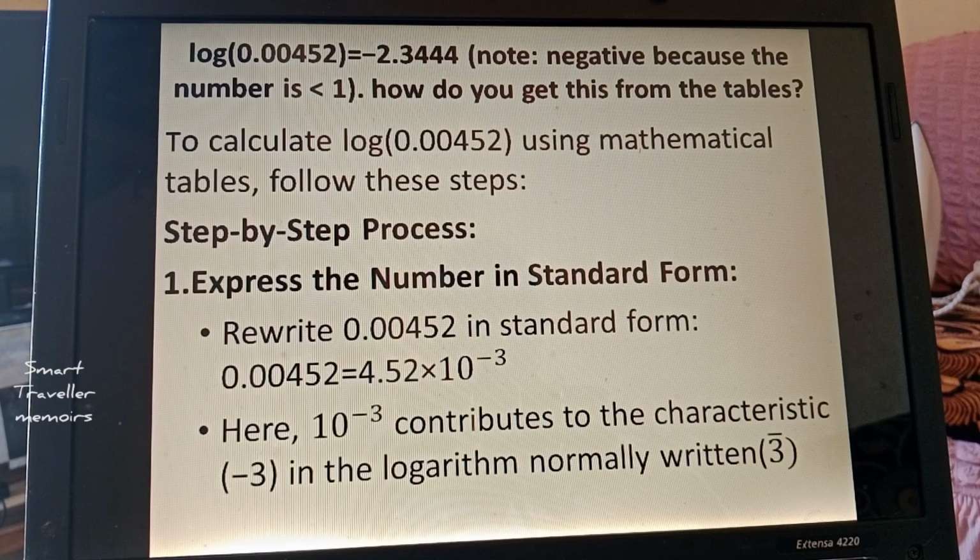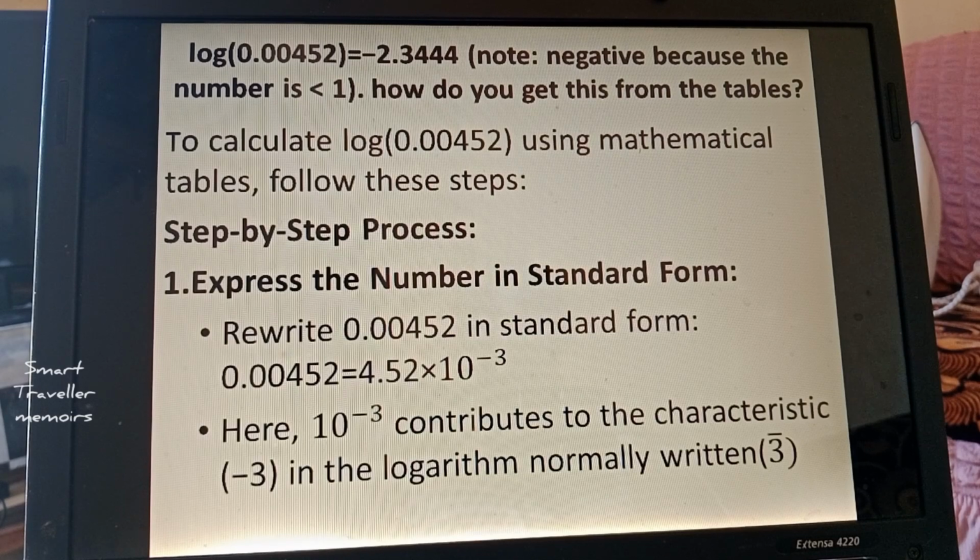The logarithm of 0.00452 is equal to negative 2.3444. I want to elaborate on what we mean by this negative, because normally we don't give the whole logarithm as negative.